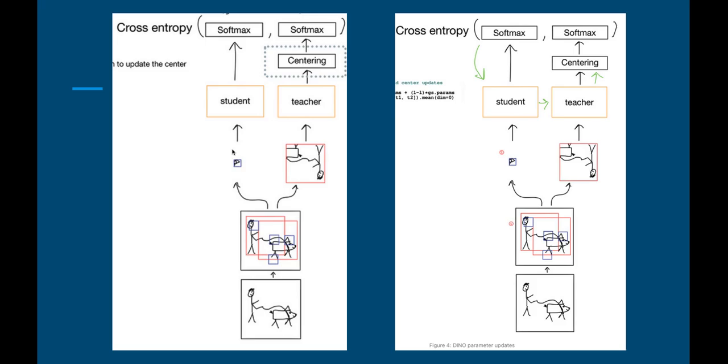And sharpening prevents the centering from having too much of an effect, since if you don't sharpen it, the centering might overtake it and just make the distribution uniform all the time, so the student always guesses the image as a uniform distribution.